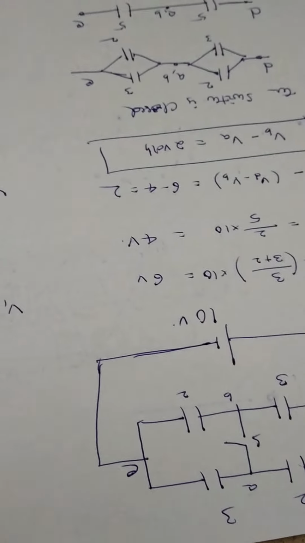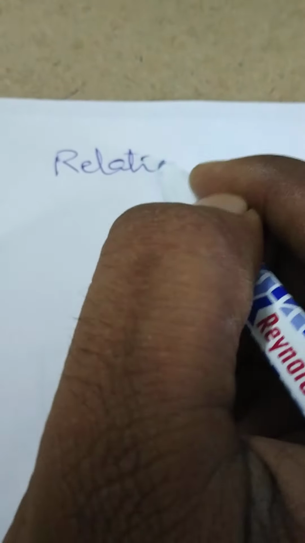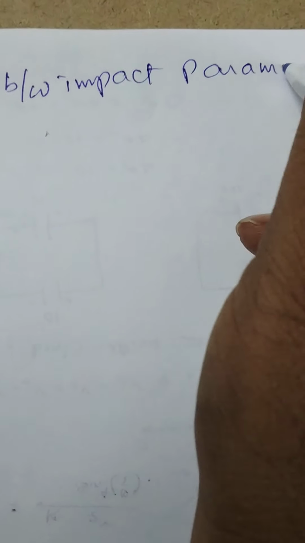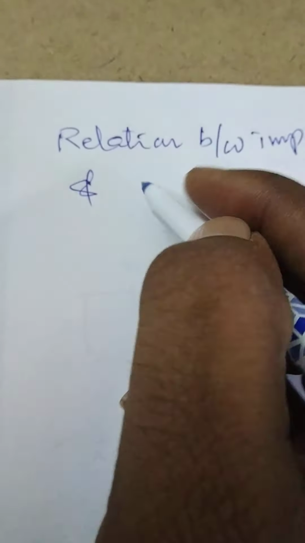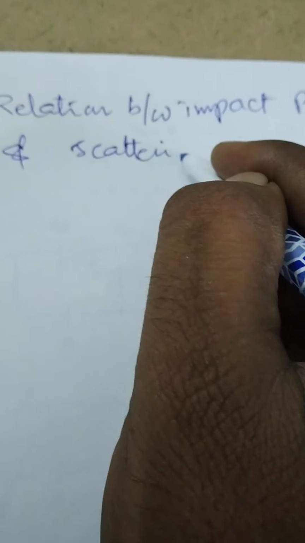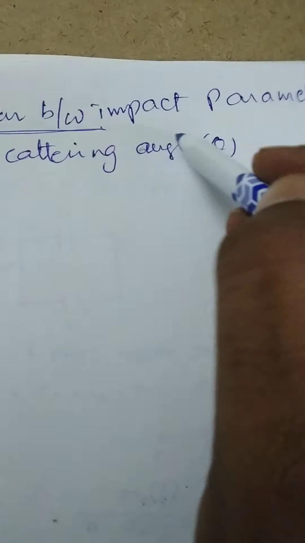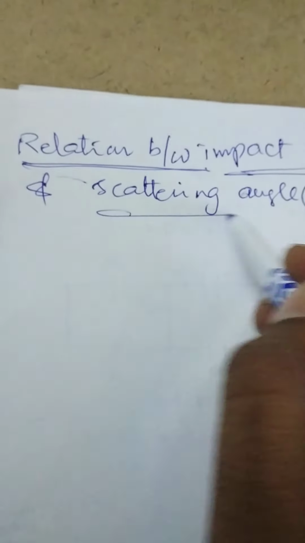Next, what is the relation between impact parameter b and scattering angle theta?